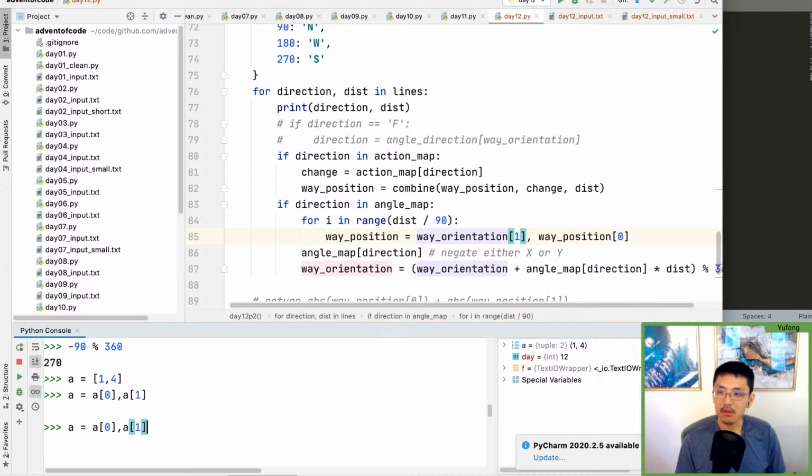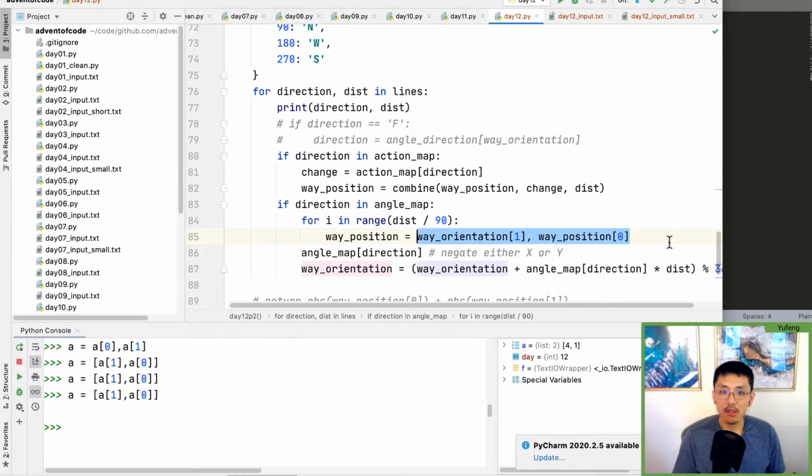Oh, I did it backwards. A at 1 is A at 0. Swap. Swap. Swap. Great. So did I write it the same way here? Way orientation at 1, way orientation at 0. Make that a list. That's a swap.